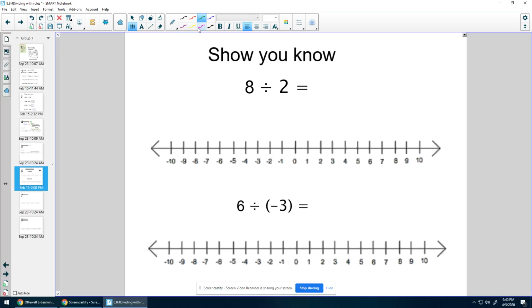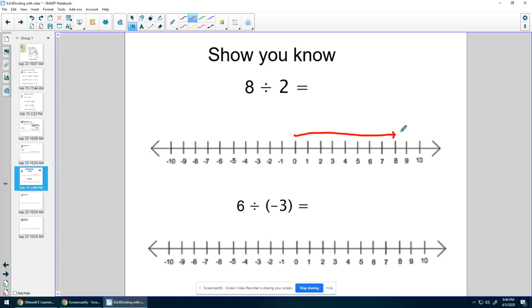Okay, this first one here. We have 8 divided by 2. So we're going to draw out our line from 0 to 8. That's step 1. Step 2, we are dividing by a positive.